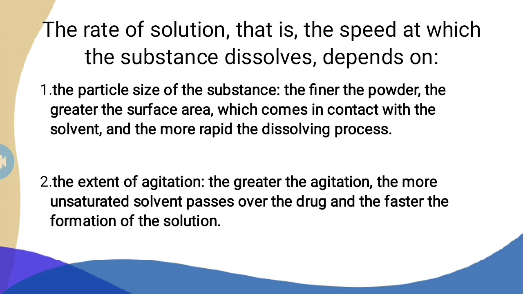So the size of the particles really affects the surface area of the substance. And second is the extent of agitation. So the greater the agitation, the more unsaturated solvent passes over the drug and the faster the formation of the solution. So the presence of agitation also has a great impact on the duration of the formation of a solution.